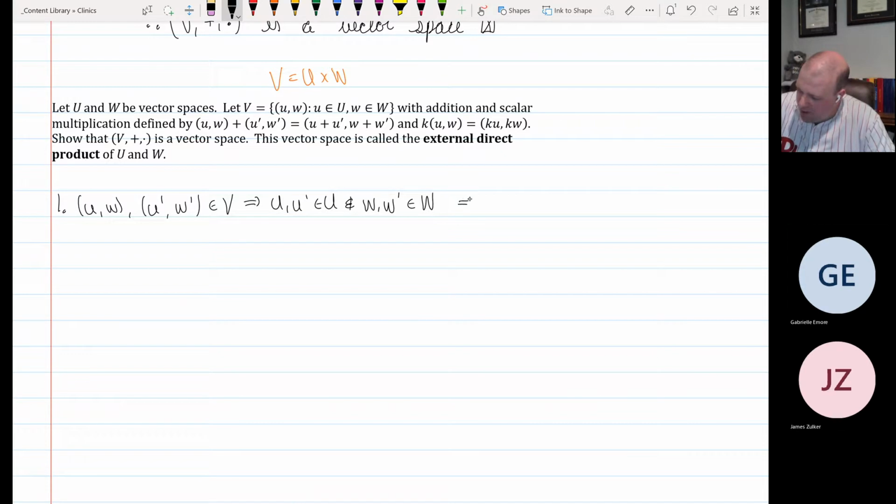Well, since U and W are vector spaces, right? u plus u prime would be in U. However, that addition is defined. w plus w prime would be in W, right? Again, however, that addition happens to be defined.